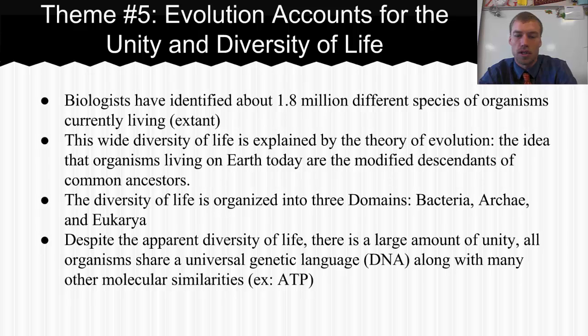DNA is found in all organisms, and then there are also lots of molecular similarities. So all organisms use ATP. Why would all organisms and all life use DNA and ATP? Well, it makes sense that they would have all evolved from a single common ancestor. So this is why the theory of evolution is such an important theme that ties everything else together.